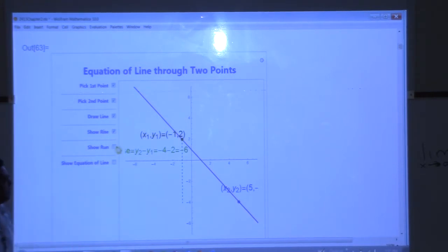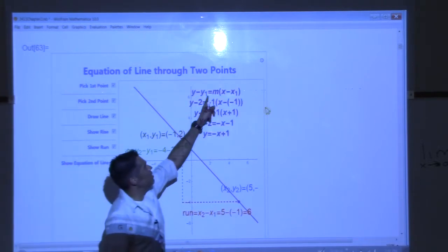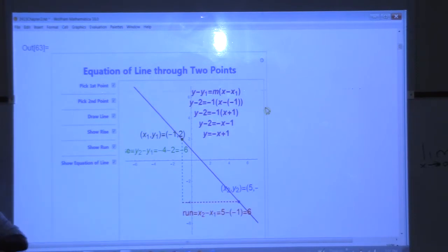We can find the run, which is the difference of the x coordinates. And then we can find the equation of the line using the formula y minus y1 equals all that, and plug everything in. Everyone in here should, I'm not going to say be an expert in that, but everyone here should mechanically be able to do those things. Now, maybe it's been a while, so it's going to take a little bit to get it going again, but the idea everyone should be okay with.